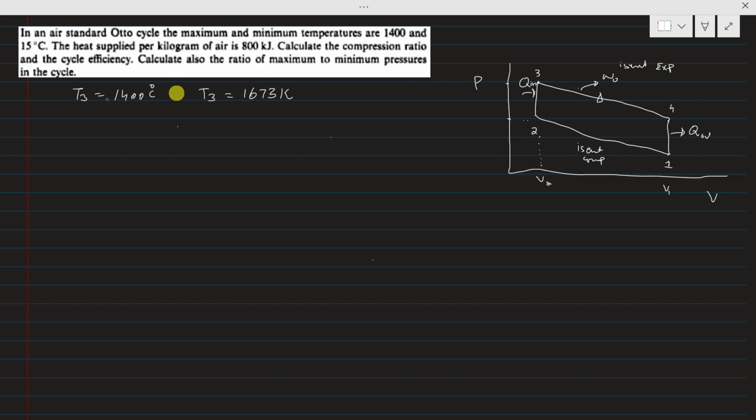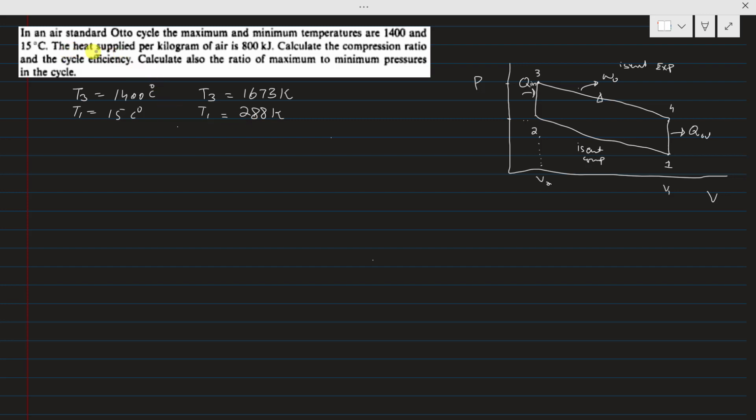The minimum temperature is at T1, so T1 is equal to 15 centigrade. Converting that into Kelvin, T1 is equal to 288 Kelvin, again by simply adding 273.